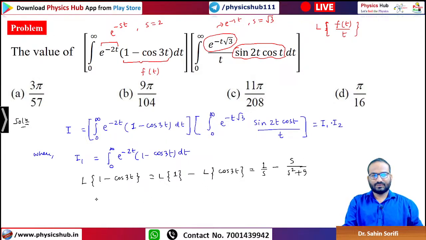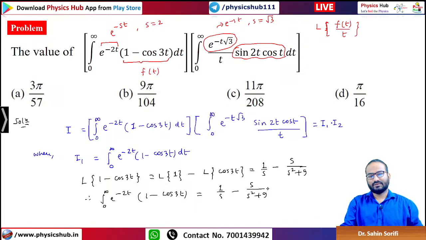So therefore the integral from 0 to infinity of e to the power minus 2t times 1 minus cos 3t is equal to 1 by s minus s by s square plus 9, for the value of s equal to 2.